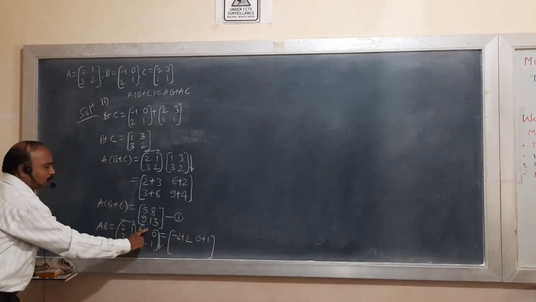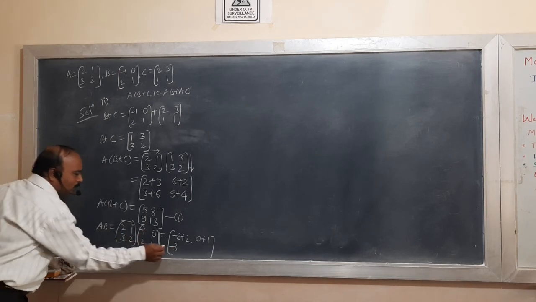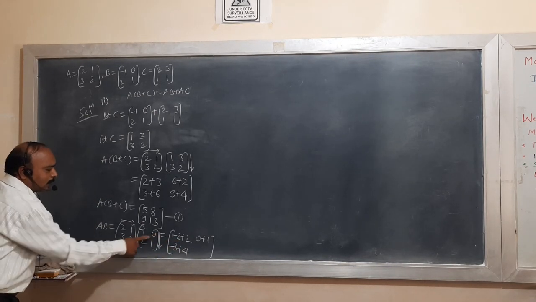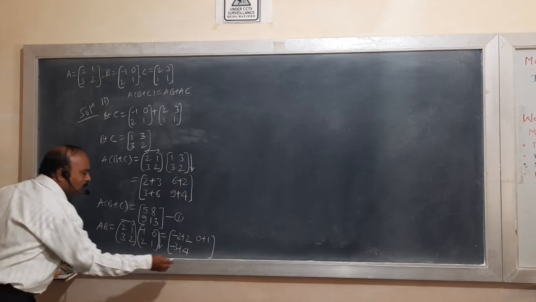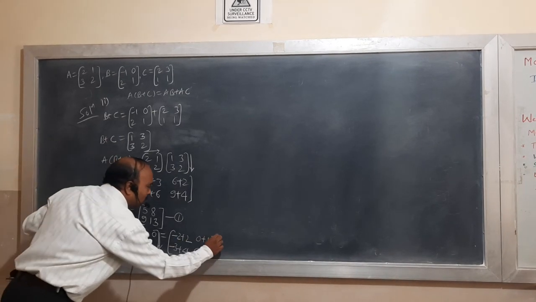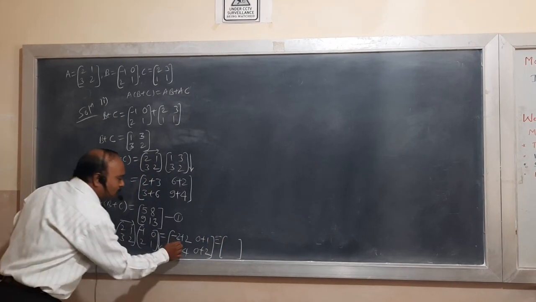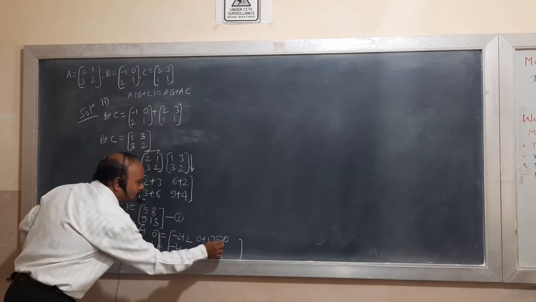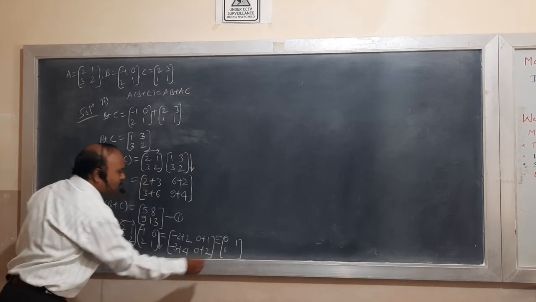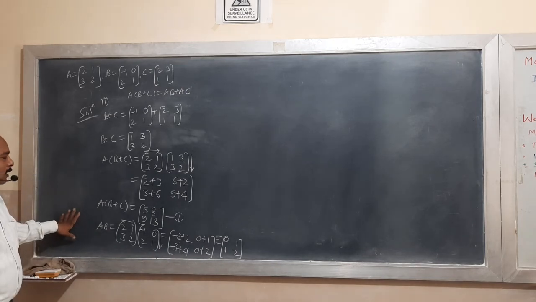The second row, first column, 3 into minus 1 is minus 3, plus 2 into 2 is 4. The second row, second column, 3 into 0 is 0, plus 2 into 1 is 2. Simplify this: minus 2 plus 2 is 0, 0 plus 1 is 1, minus 3 plus 4 is 1, 0 plus 2 is 2. It is the matrix AB.